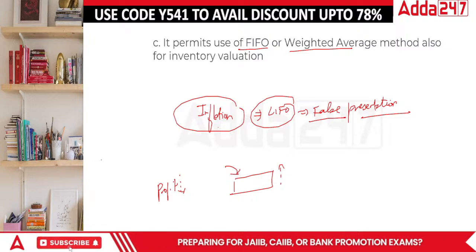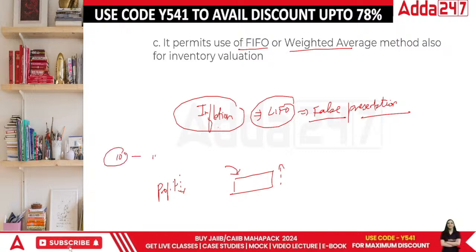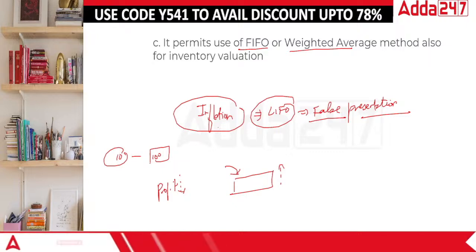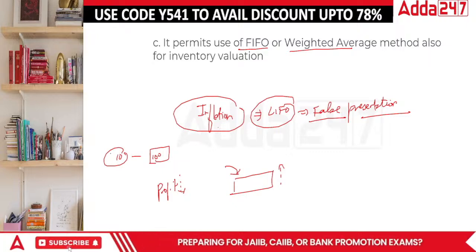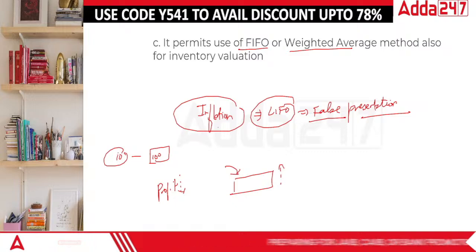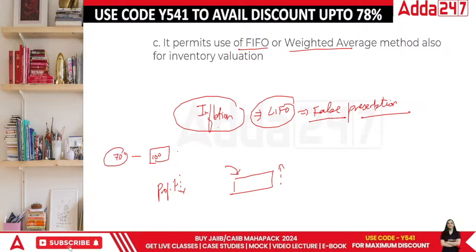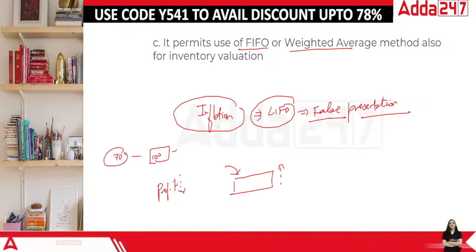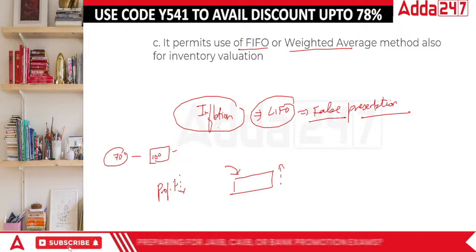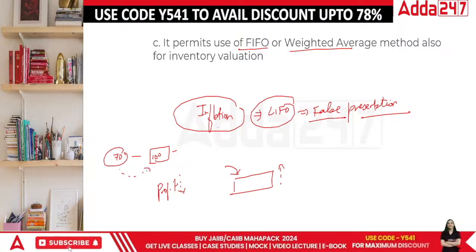If I bought something for 10 rupees, due to inflation, its value is now 100 rupees. And this has happened with multiple things. So, let's take it: I bought it at 70 rupees, and right now its value is at 100 rupees. In the books of accounts, when I'm showing the issue, I showed it in our country. This kind of inflation is definitely there.